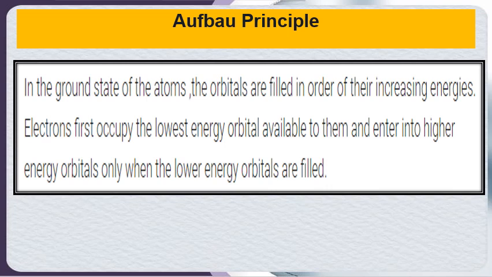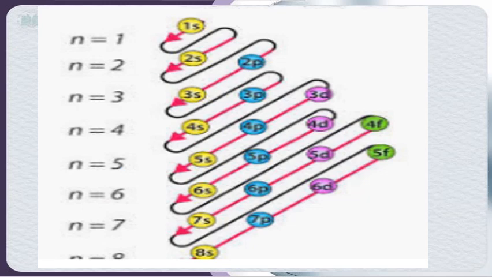Look at this diagram once again. n is equal to 1. It is the lowest energy level, so it will be filled first. After accommodating 2 electrons in 1s, you will go to the 2s orbital, which is higher in energy compared to 1s, so it will be filled next. And then you can see the direction of these arrows, which indicate which one will be filled further.